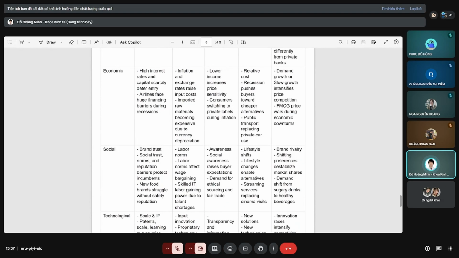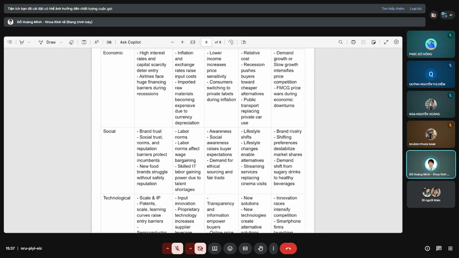And how about the suppliers? The social factors can influence the suppliers. In this case, for example, the laborers or employees as suppliers of labor to the firm. If the labor is a member of an organization, for example, a labor union, or if they have a skill, they can improve their position with the firm.